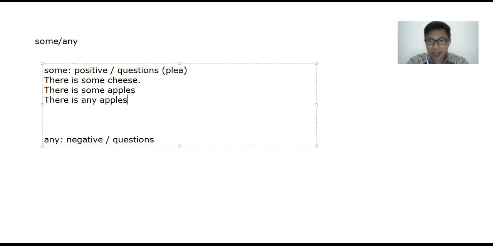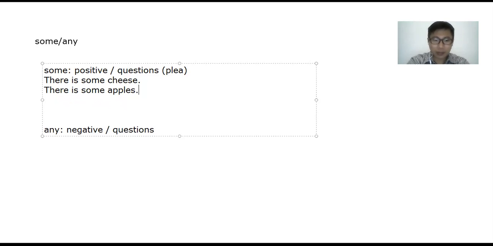You need to say there is some apples. But remember, if it's countable, you need to use the plural form of the noun. If it's uncountable, then just use the word as is.